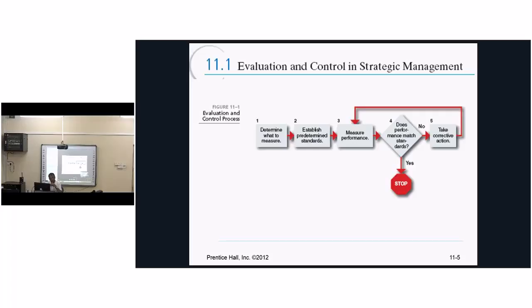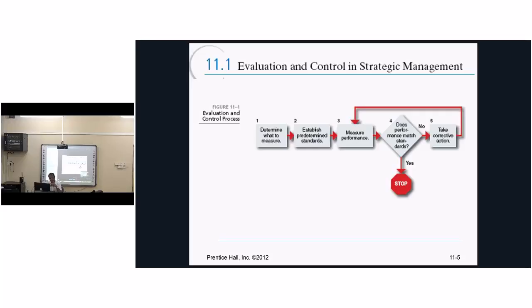This is where your information systems come into effect, because your information systems should be able to gather all the information that is required for you to measure your performance. Now, in my personal experience, there is always a gap between what your system is capable of giving you and what you want to measure.